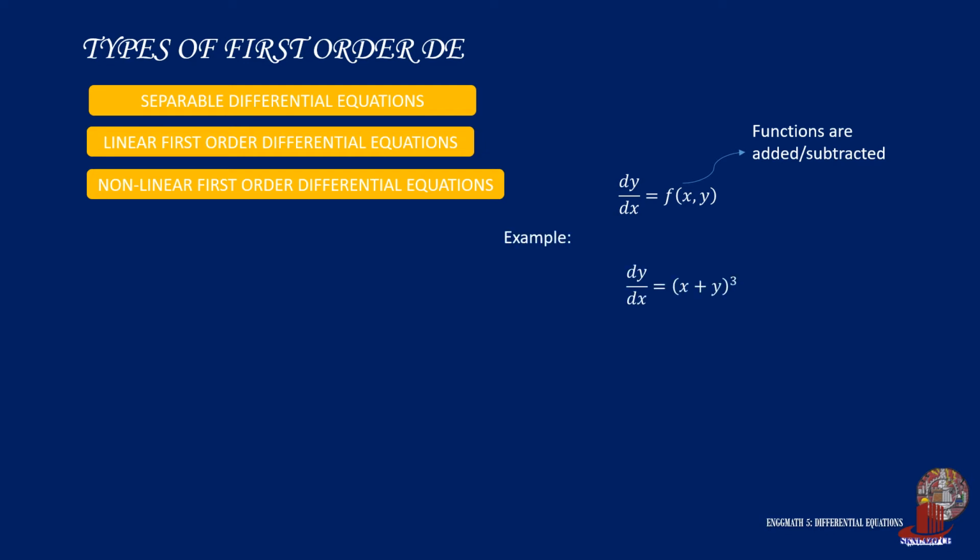To solve this type of DE, the substitution method is incorporated, where we allow a variable v to be equal to the function, and extracting y we get v less x. And then taking the derivative of both sides, we have dy over dx equal to the derivative of v with respect to x minus 1.